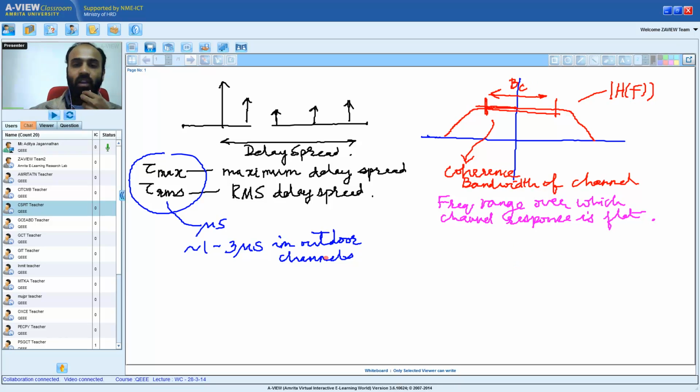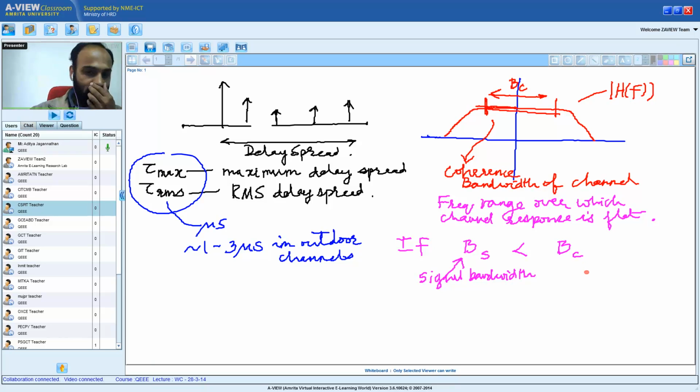Further we said, if the signal bandwidth, BS, is less than the coherence bandwidth, then what kind of a channel is this? Can someone tell me?